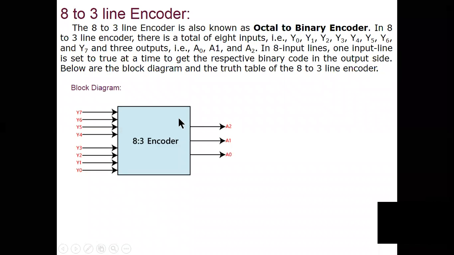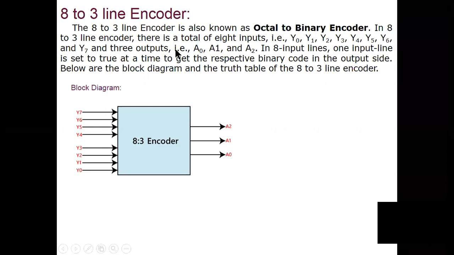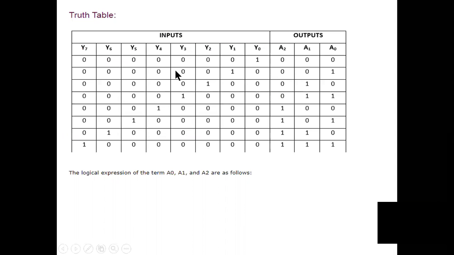Okay, come to your 8 to 3 line encoder. 8 input encoder, 8 inputs are there, so only 3 outputs are there. So this is your truth table for your 8 inputs, 0 to 7 inputs. Output is 3. 0 0 0 means Y0. All outputs are 0.